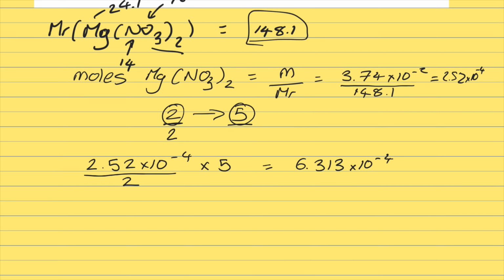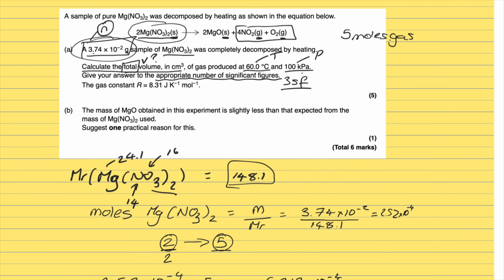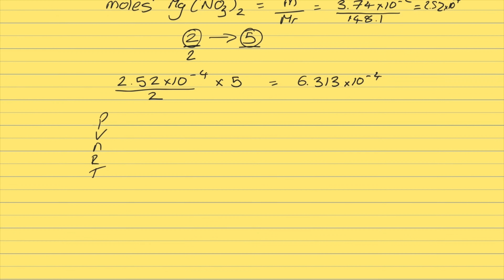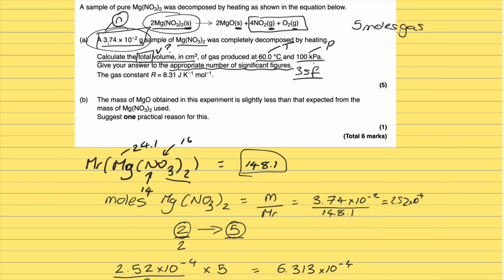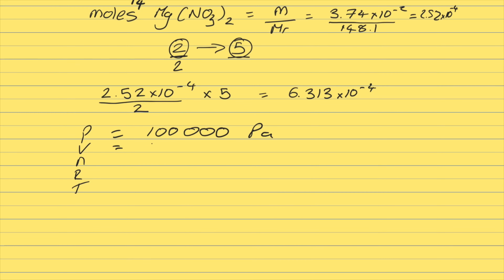Leave these numbers in your calculator. So now I know the moles, the total moles of gas. So I can do my PV = nRT. Okay, so the pressure from the question is 100 kilopascals, which is 100,000 pascals. The volume is what we're being asked to calculate.